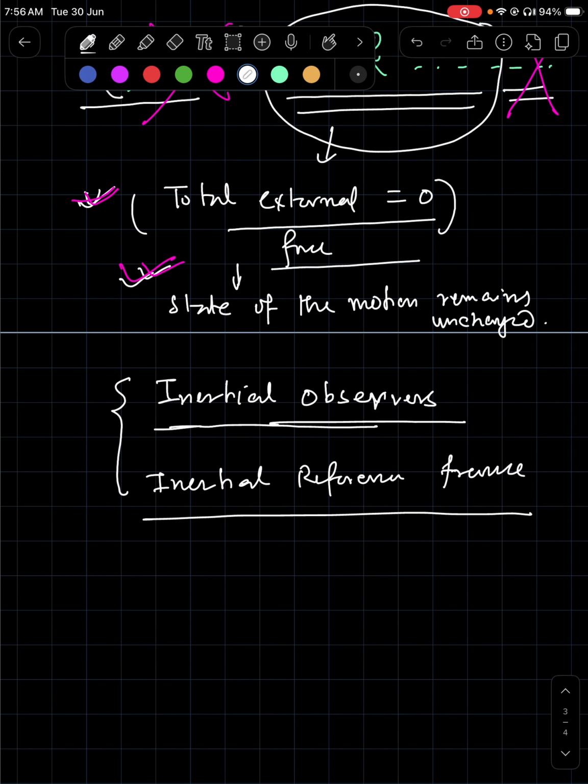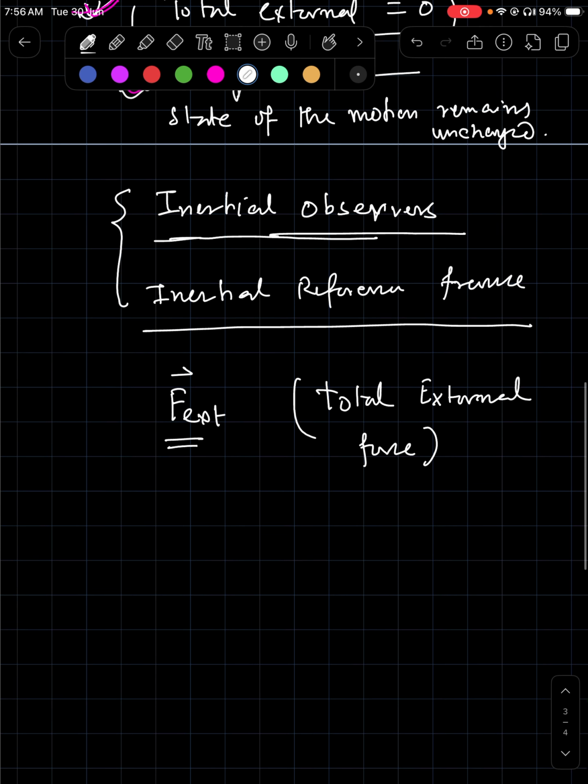Second, here the external force has a different meaning. Here the external force means the total external force. What is the meaning of total? Suppose a body, anything, can be acted upon by many forces externally.